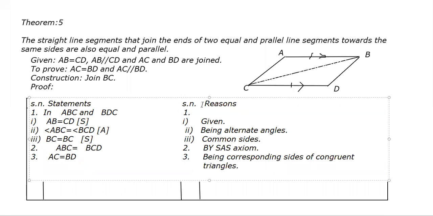Okay, AC and BD. Now parallel you have to prove. To prove parallel, we can write this angle and this angle are also equal. Angle ACB is also equal to angle CBD.